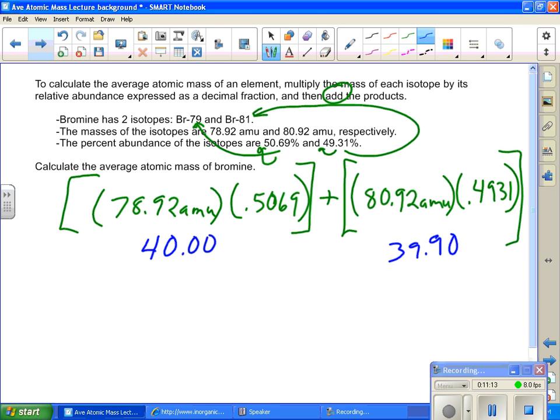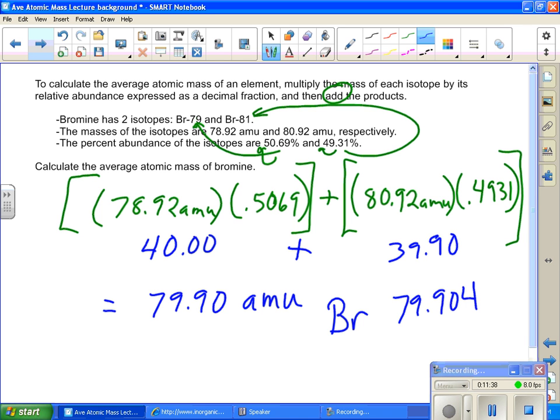Okay, we add these together and we get 79.90 AMU. Now, if you look at the periodic table for bromine, you will see that the average atomic mass for bromine listed on the periodic table is 79.904. Okay.